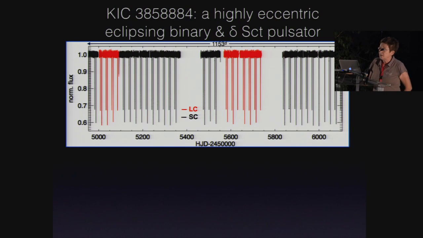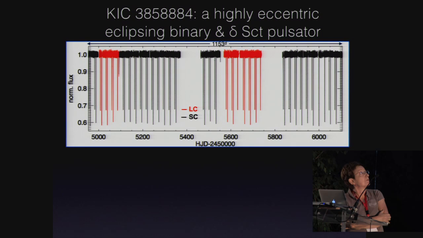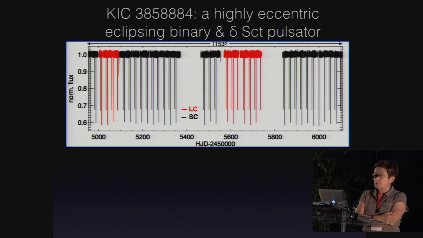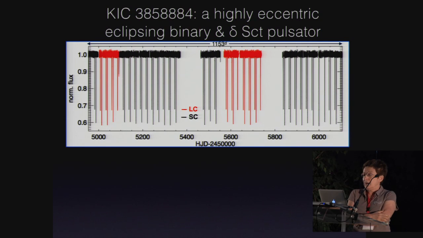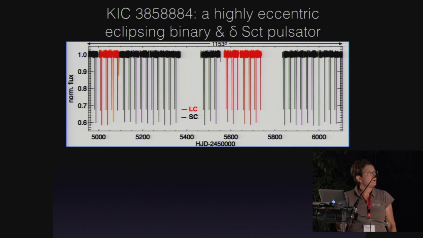This is a CoRoT, a Kepler binary, KIC385884, and it's a binary that's been observed for more than 1,000 days, both in long and short cadence. And it's a perfect situation where the previous method does not work.